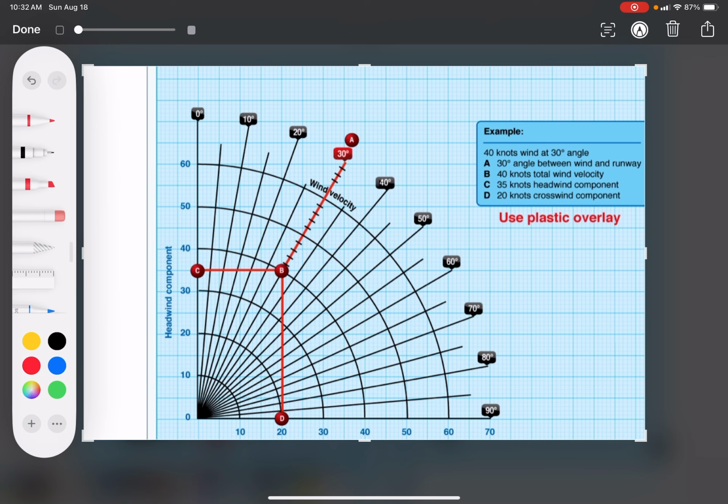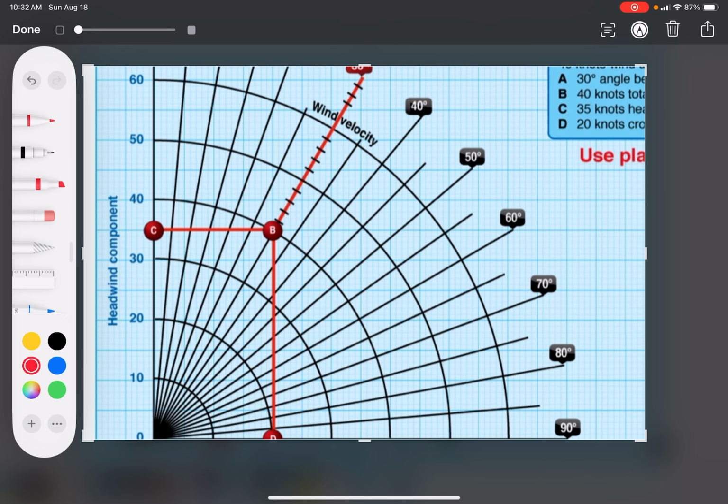So we're landing on runway 18, and the ASOS or tower or whoever reports the wind at 220 at 30 knots. 220 minus the runway heading, 180, is 40 degrees. Okay, so we're just going to highlight the whole thing.